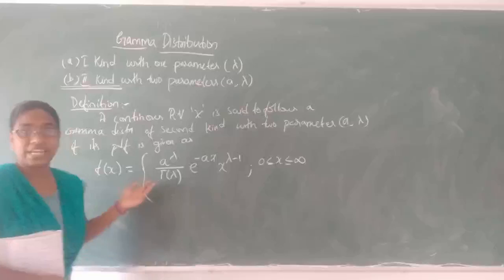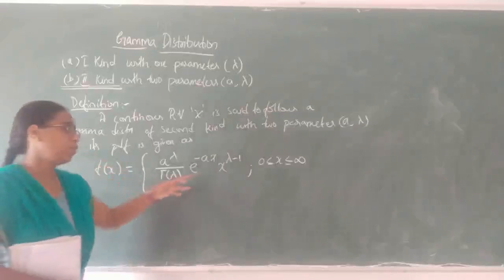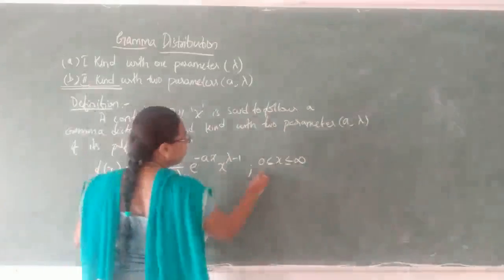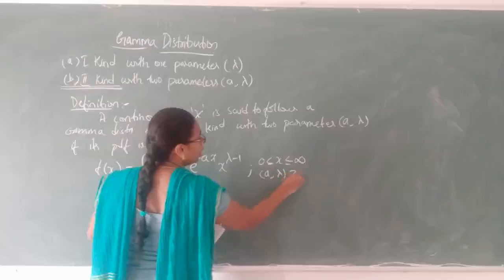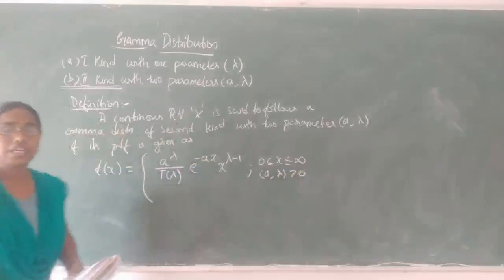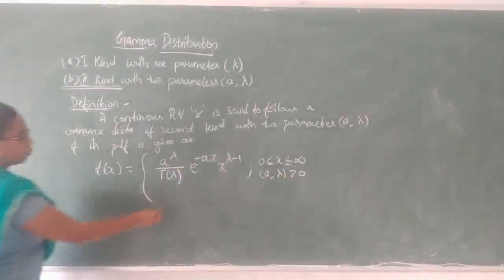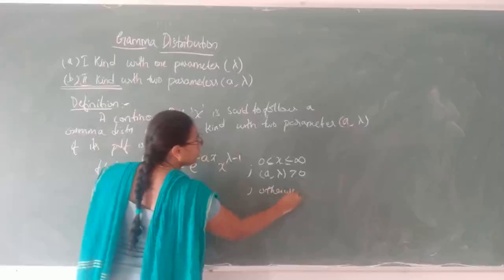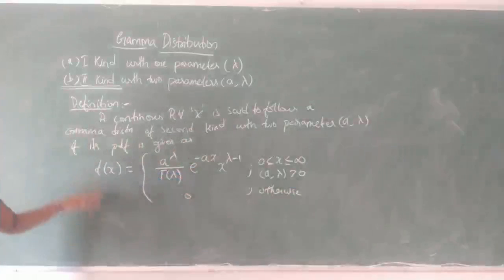That means x takes only non-negative values. So random variable x lies between 0 to infinity, and your parameters a, lambda will always be greater than 0. And 0 otherwise. So this is the gamma distribution definition.